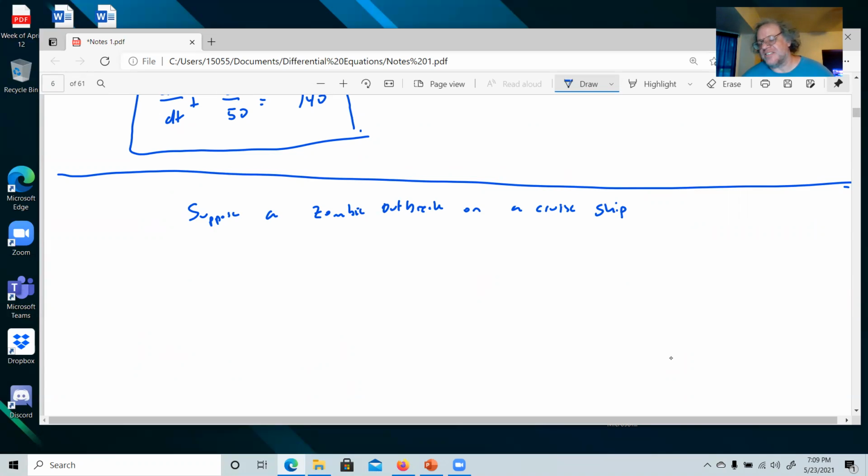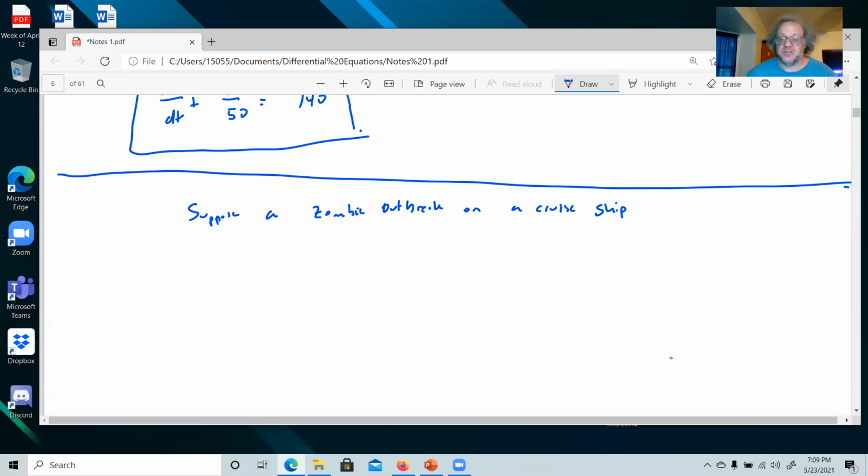It's an isolated system. There's no extra people going in and going out. Otherwise, this model gets a little more complicated. And if you've watched any zombie movies at all, you know it's contagious, right? The zombie breaks down, eats you, and then you turn into a zombie. So it is definitely contagious.